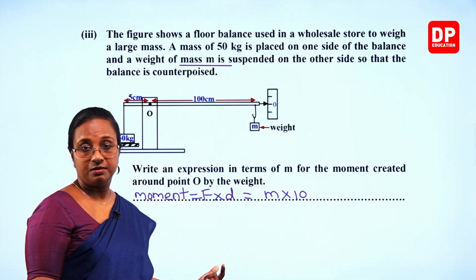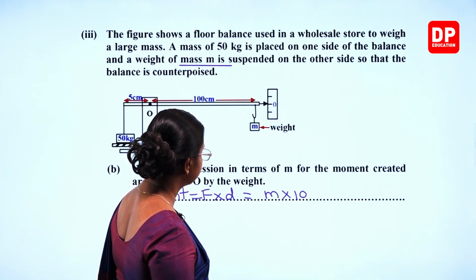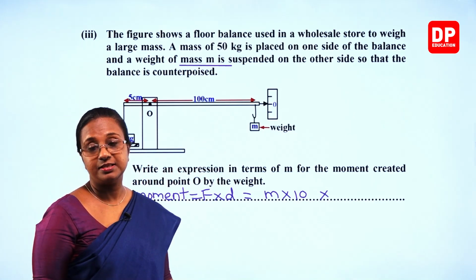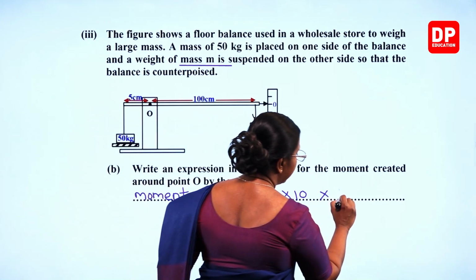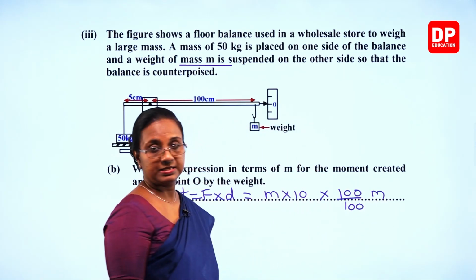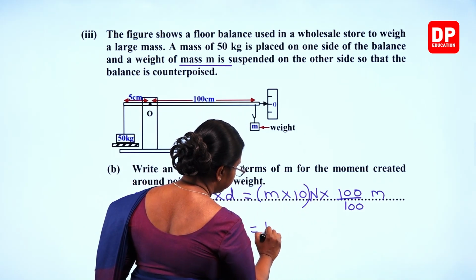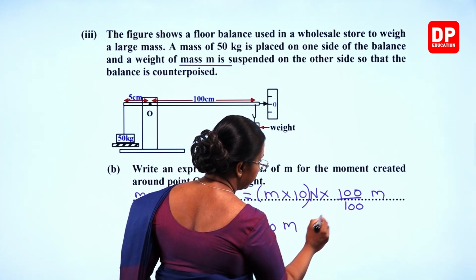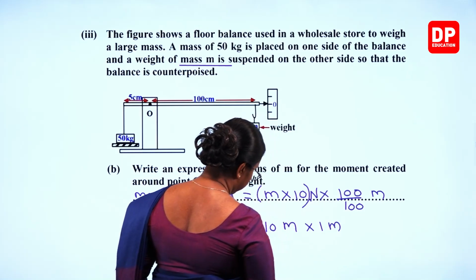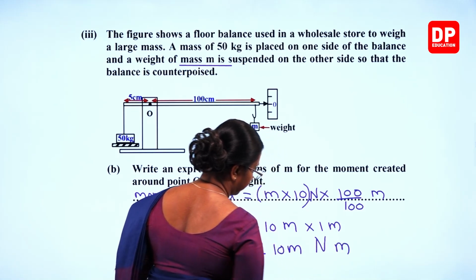We already wrote the equation, so you can directly multiply it, mass into gravitational acceleration into distance, what? 100 centimeters. So there again we can divide that by 100, so you will get the answer in meters. So this is going to be in newtons. So 10 m, here 100 and 100 get cancelled off into 1 meter. So that is 10 m Newton meter.